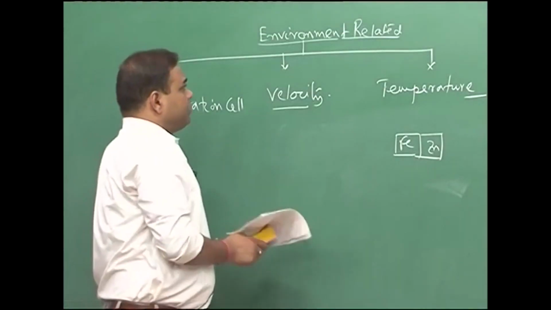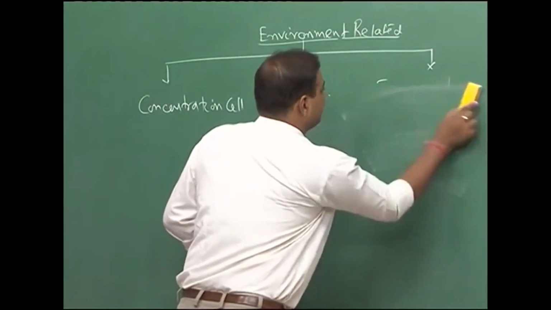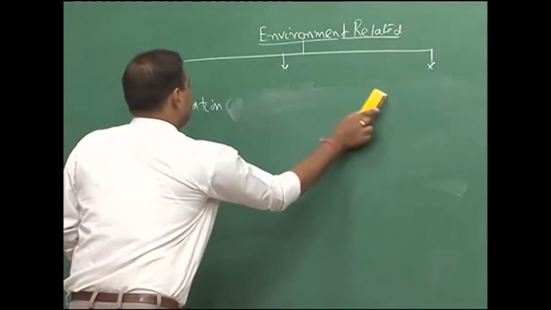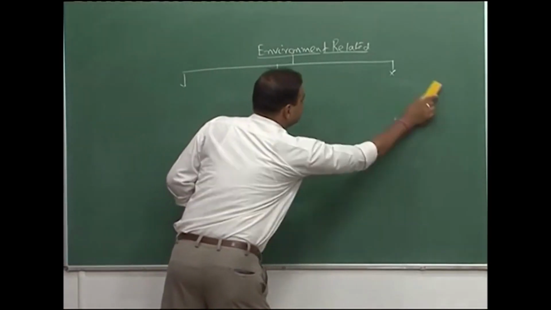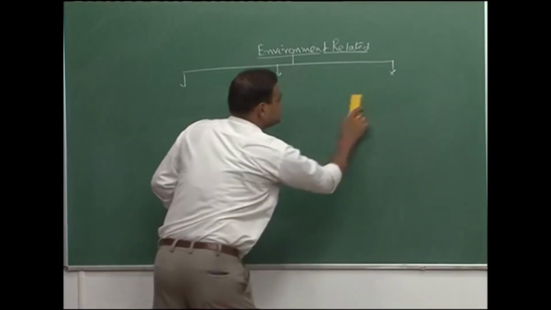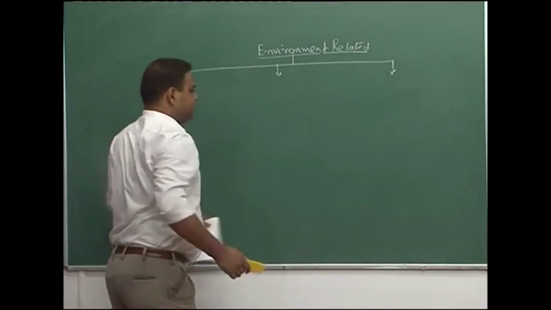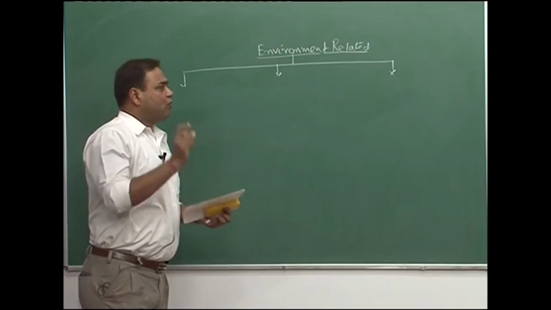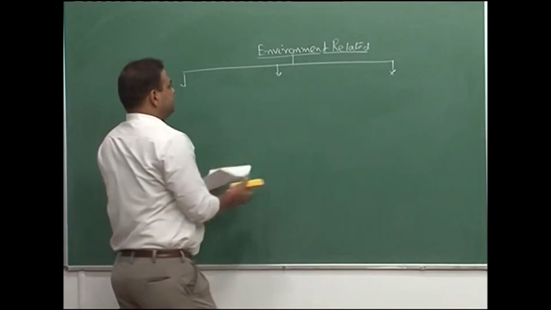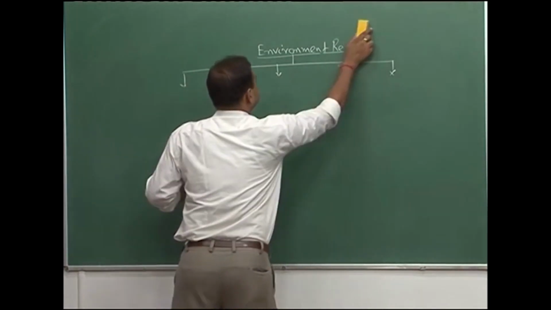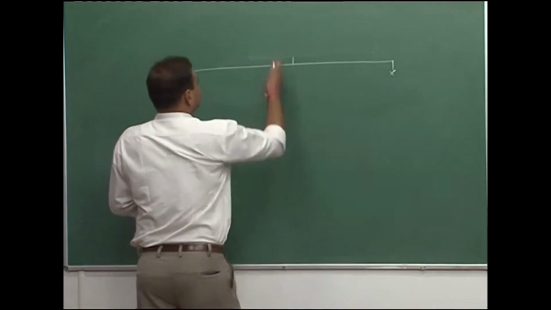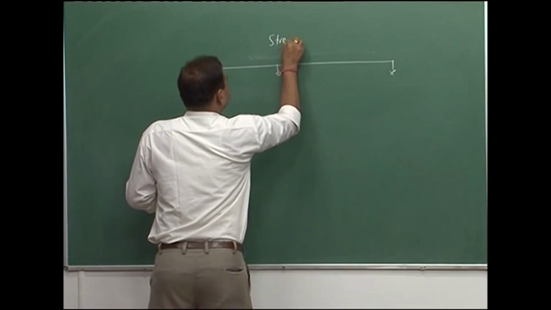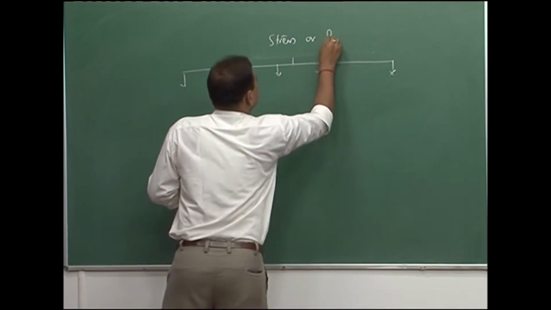Now, if we consider metallurgical and environment factors together, we can explain many failures due to corrosion. There is one more important factor, that is stress or pressure related factor.